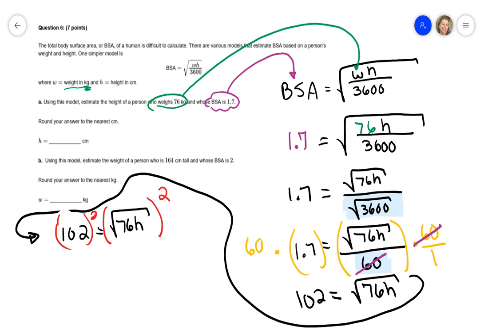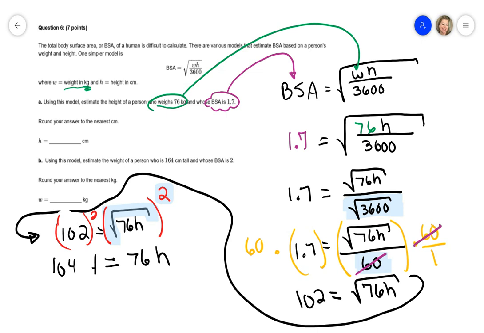I'll grab my handy dandy calculator. 102 raised to the second power is a big old number. That's going to give me 10404 equals, and then the square is going to cancel out the square root. So I'm just going to be left with the 76h.